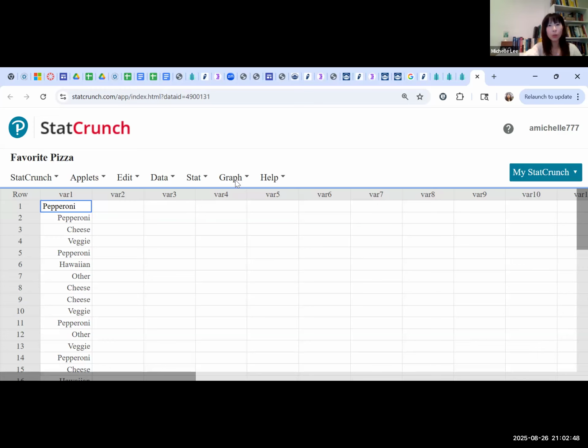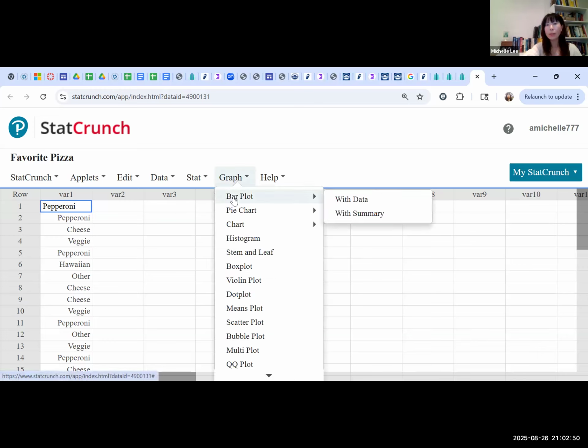Let's go to Graph, Bar Plot. So bar plot means bar graph, the same. And then we have a data set, right? So with data, click that. Graph, Bar Plot with Data.